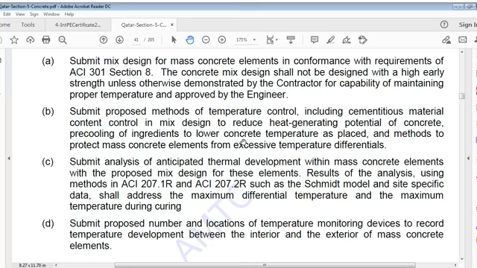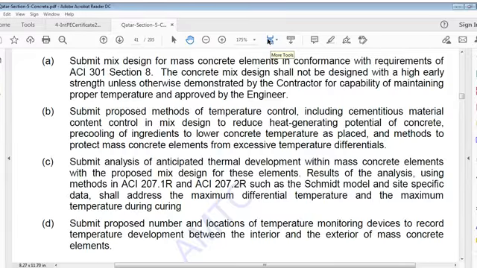Submit analysis of anticipated thermal development within mass concrete elements with the proposed mix design for these elements.